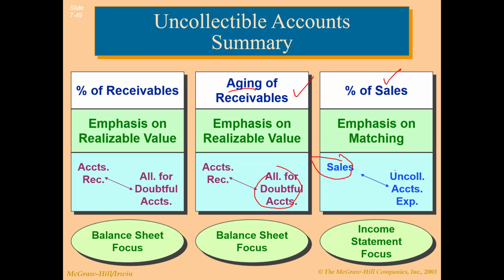In the same way, we will also get the percentage of overall receivables. This is also called the balance sheet approach. In the balance sheet approach, we have these two different methods. One is detailed analysis, that is of aging. So these first two are balance sheet focused. Why do we regard them as balance sheet? Because we will get the percentage of receivables, and receivables are part of the balance sheet. Here, the aging of receivables and the percentage of receivables are part of the balance sheet, and sales is part of the income statement. That's why it is called the income statement approach.